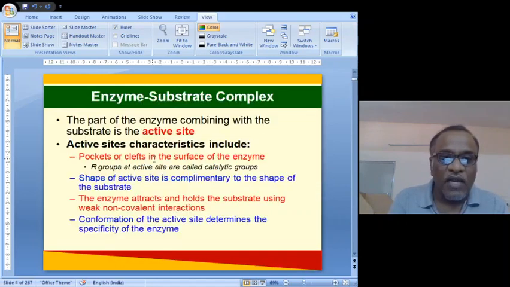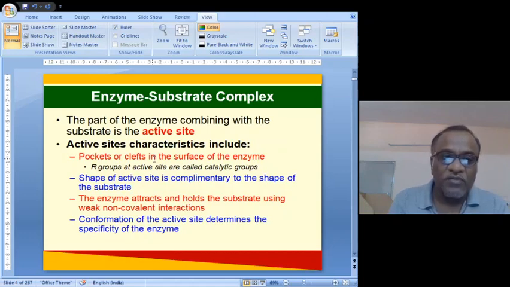So what happens in enzyme substrate complex formation? How does the complex form? The part of the enzyme combining with the substrate is the active site. The active site has certain features. The characteristic features of the active sites are that they are pockets or clefts in the surface of the enzyme.